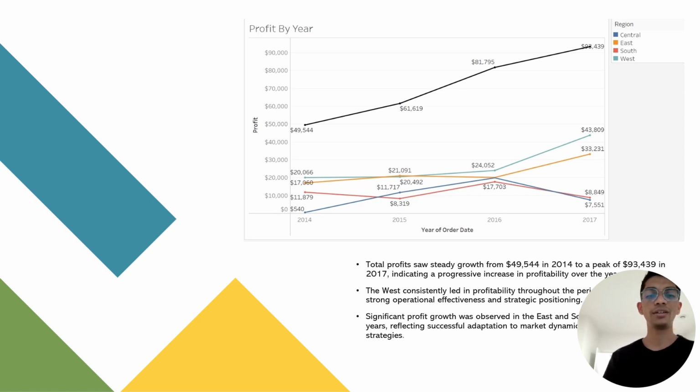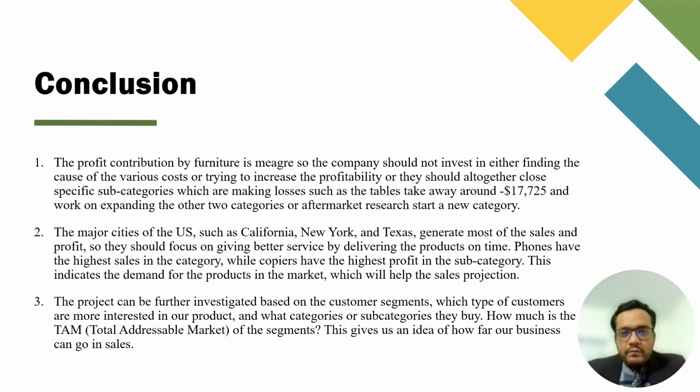The West remained ahead of the East, which came in second at $33,231. The profit contributions from the South and Central regions were $8,849 and $7,551 respectively.